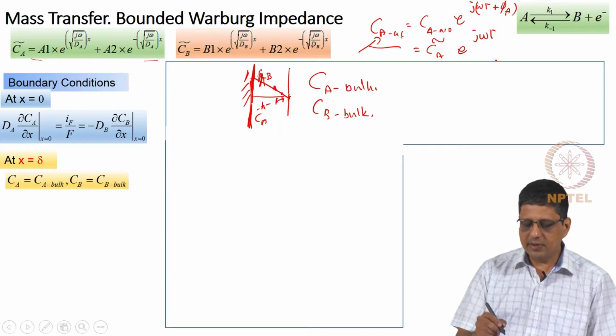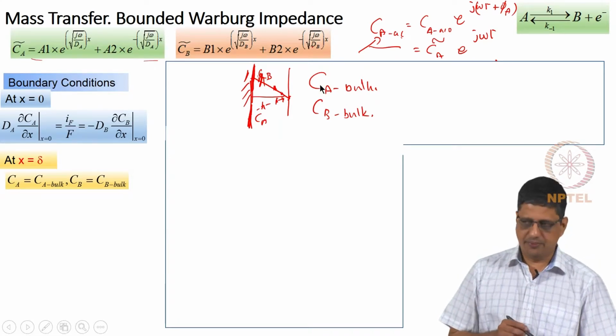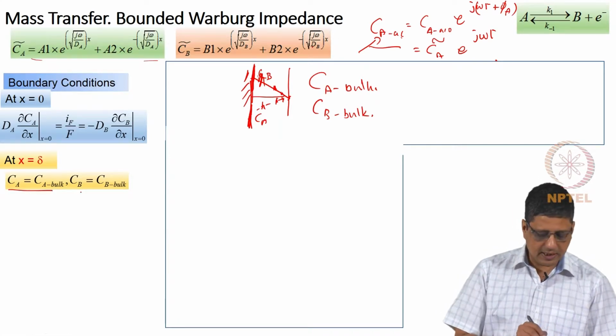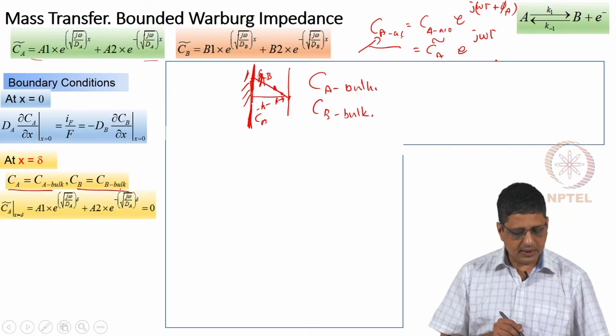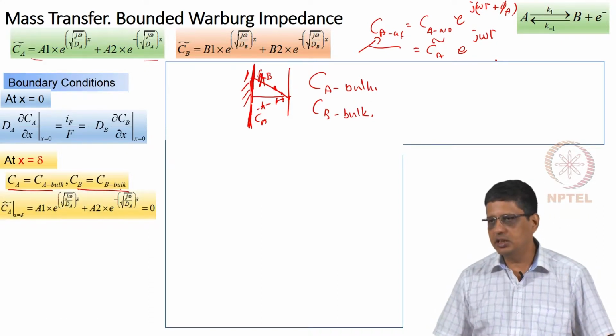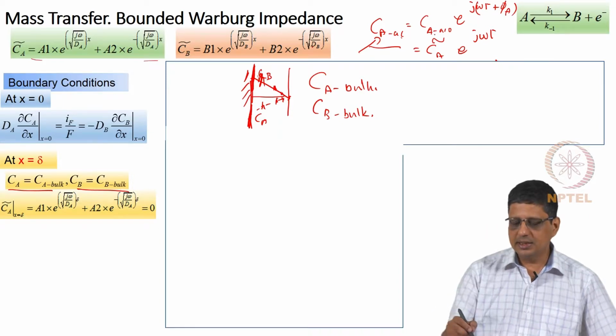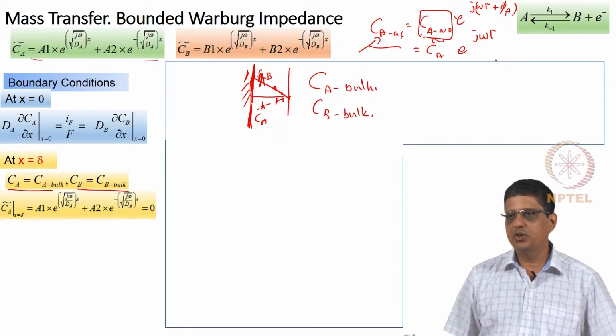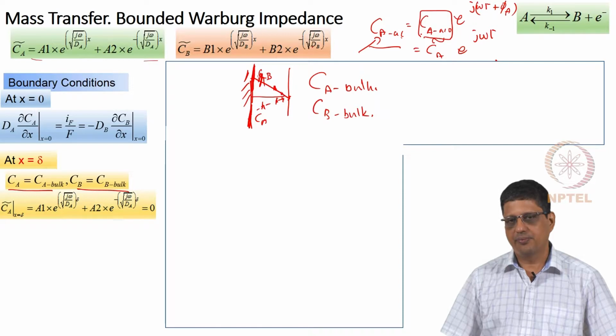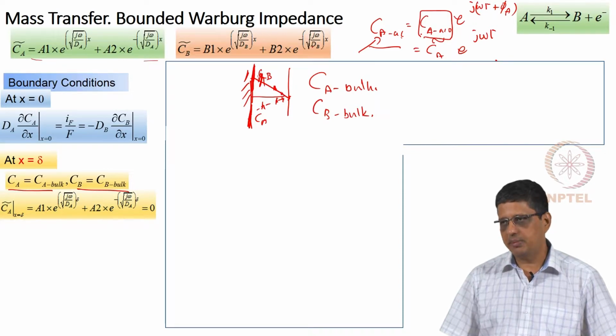And at the boundary we say it is not changing, Ca is Ca bulk, Cb is Cb bulk, which means Ca tilde is going to be 0, Cb tilde is going to be 0, that is because the AC component magnitude is 0, only the DC component remains there.